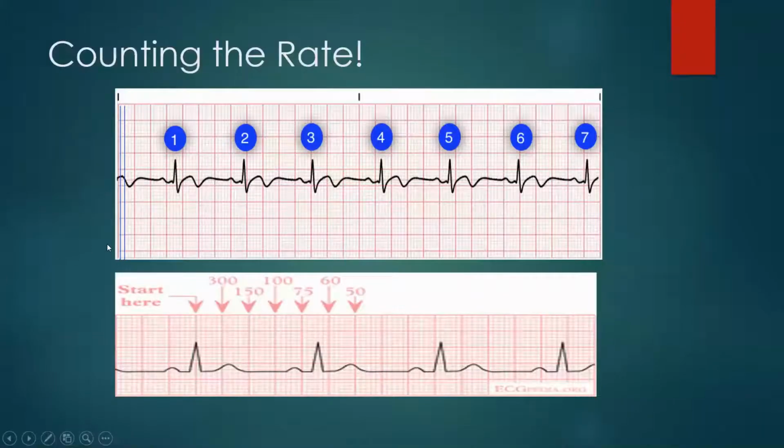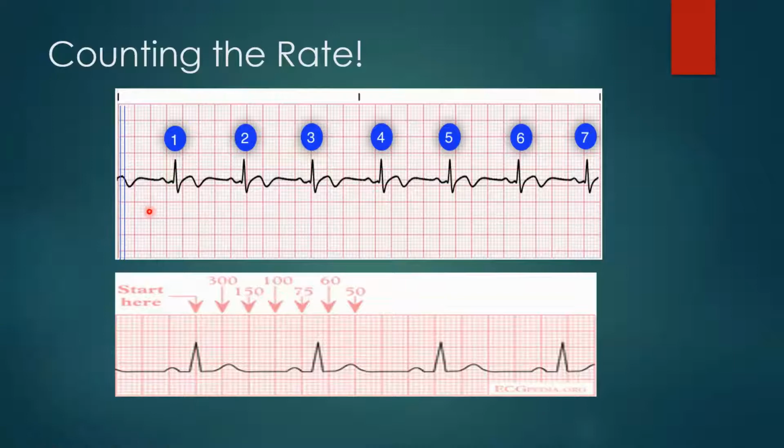All right. So I said that there's other ways to count your rate, if for some reason it doesn't print a number for you. What you can do is take a 6-second strip. A 6-second strip is 30 of these bigger boxes that you see on here.